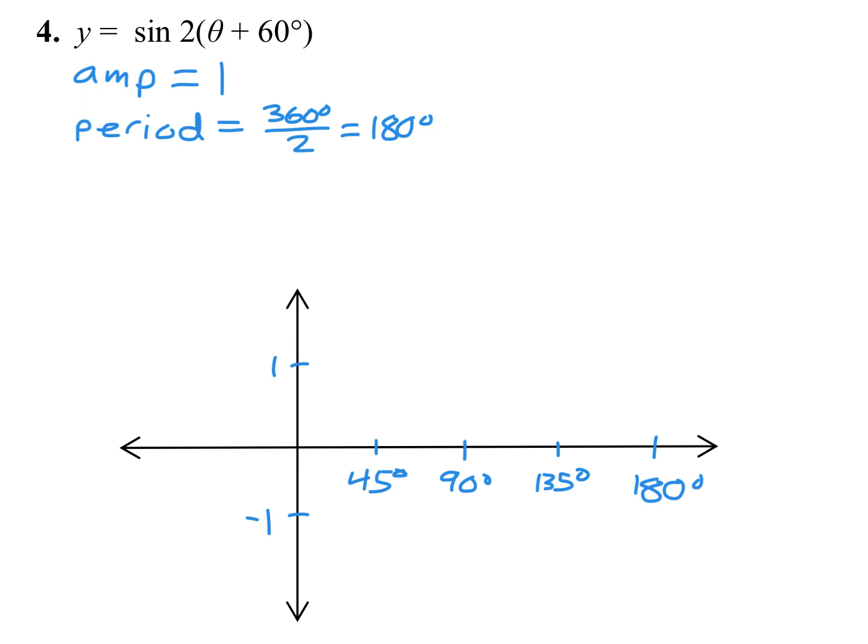All right, let's write down the phase shift. So there's a plus 60 in the parentheses. So this one is going 60 degrees to the left. And still no vertical shift.